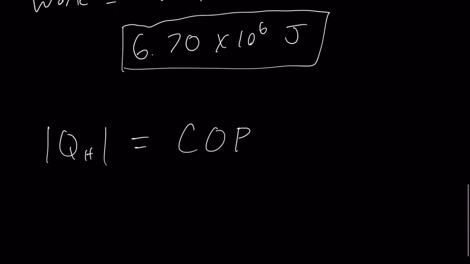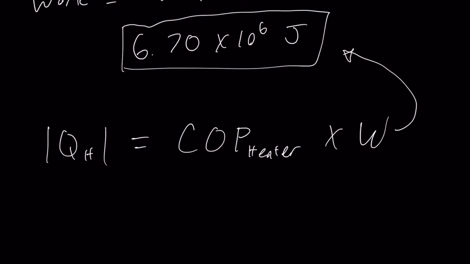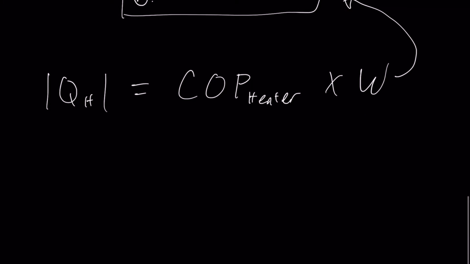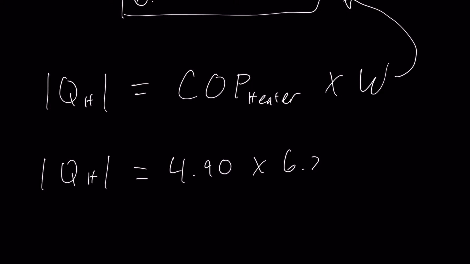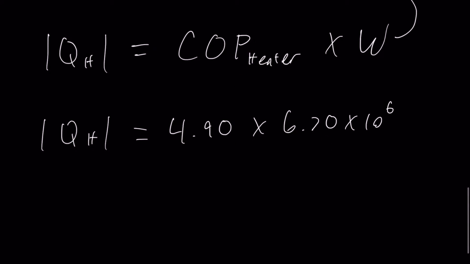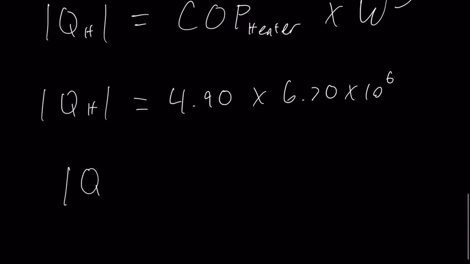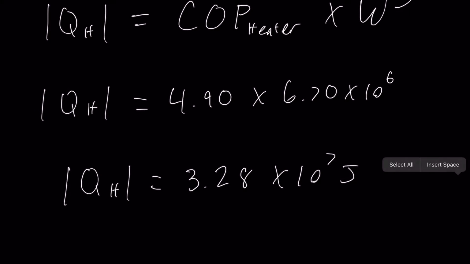So this equals the coefficient of performance for the heater times the work, which is just the number that we calculated, which is like saying 4.90 times that number we just calculated. And when you end up doing this calculation, you get that the amount of heat added to the room is 3.28 times 10 to the 7th joules.